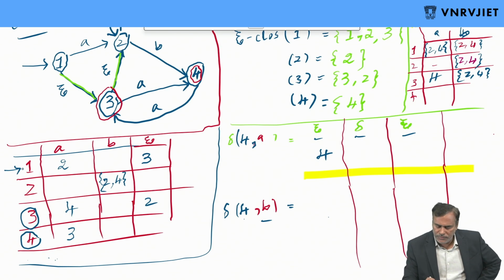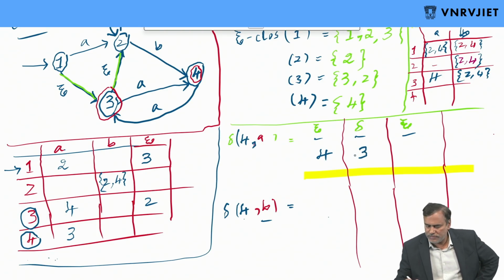A. So from this transition table of epsilon NFA, you have to find 4a. What is 4a? 3. Right? Therefore, here you are going to get 3. And then you have to find epsilon closure of 3. Epsilon closure of 3 is 2, 3. So 4a, what you are going to get? 2, 3.